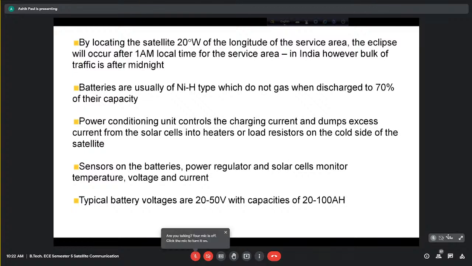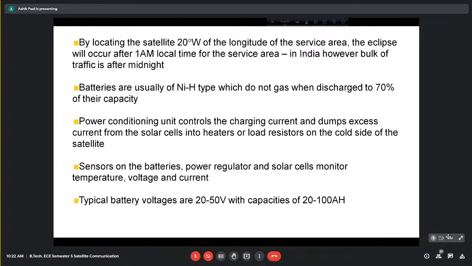And then the power conditioning unit, which controls the charging current and diverts the excess current from the solar cells, also has to be in good condition.